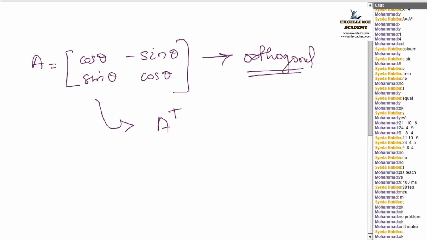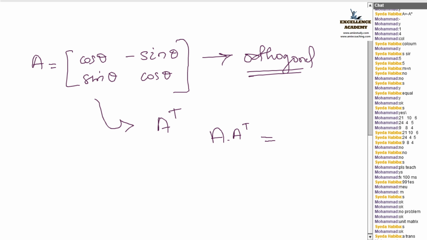Then you have to find the product A into A transpose. And if it becomes equal to I, then you can say that it is orthogonal. Can you check?